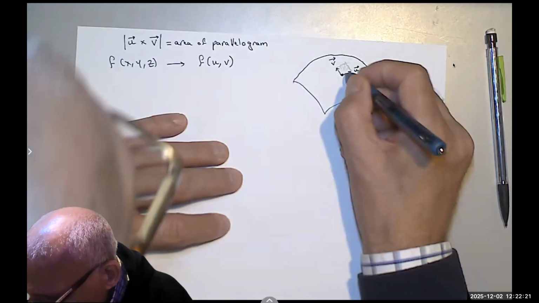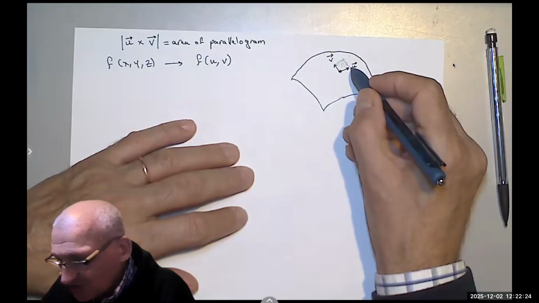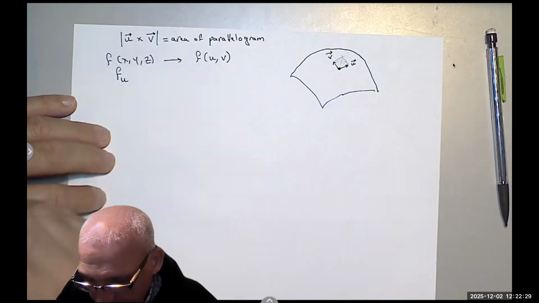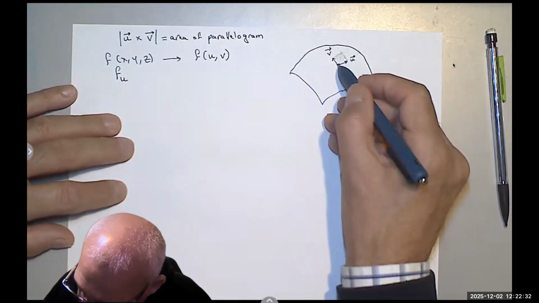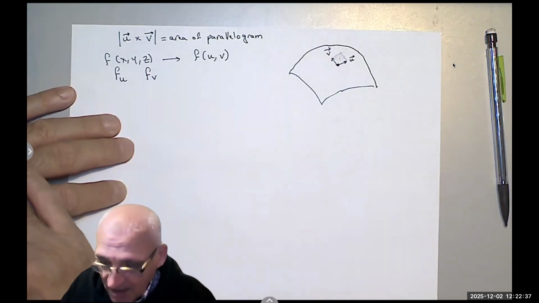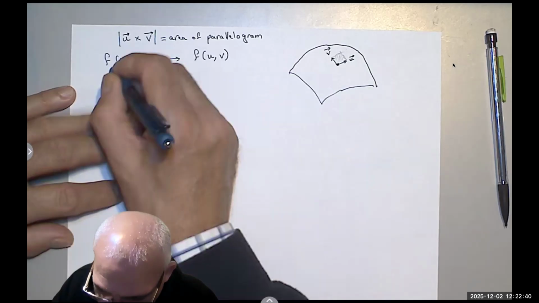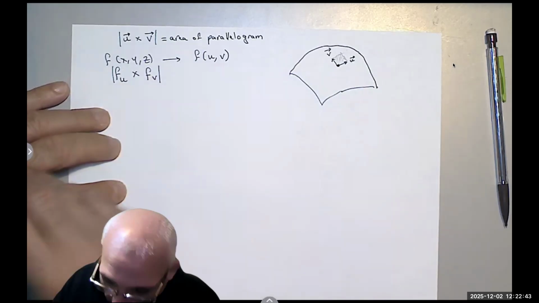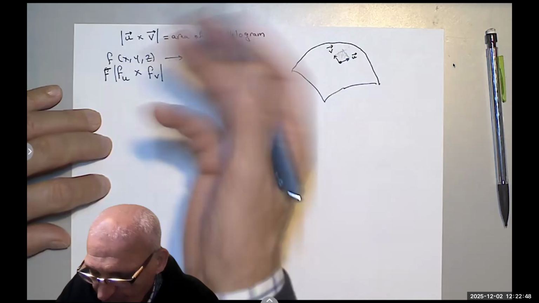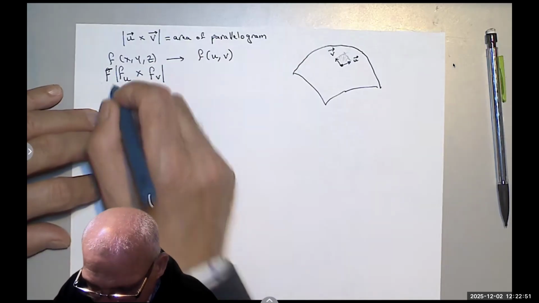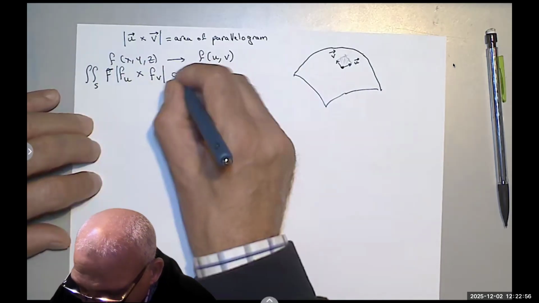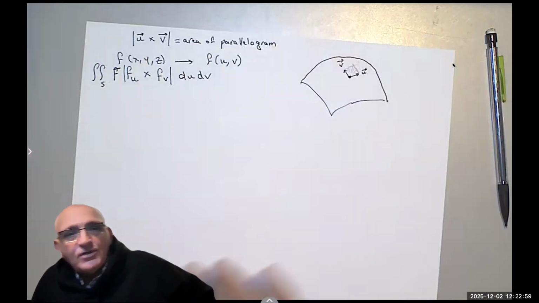I want to get the tangent to the surface in the u direction, which is partial f partial u, and get a tangent in the v direction, which is partial f partial v, cross them, get the magnitude, multiply by the field, not the force, a field, times that, and take the integral over the surface du dv. So that's in a nutshell what we are going to do.